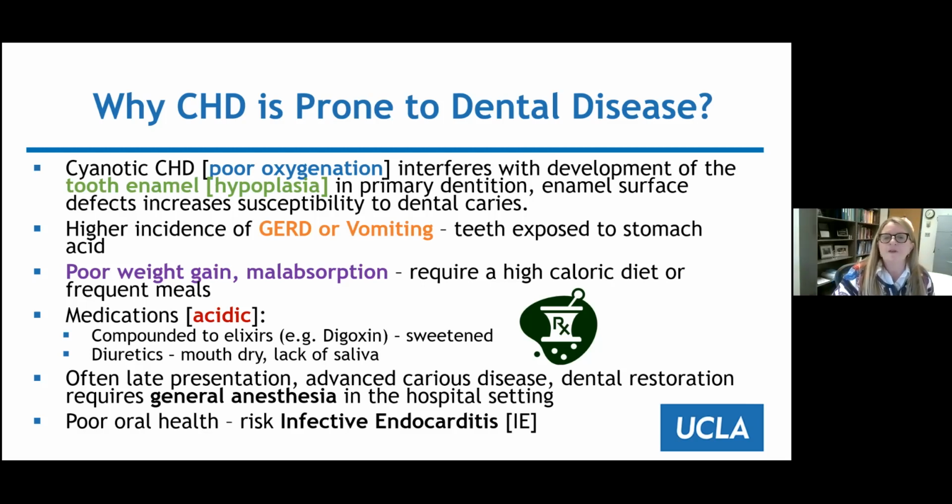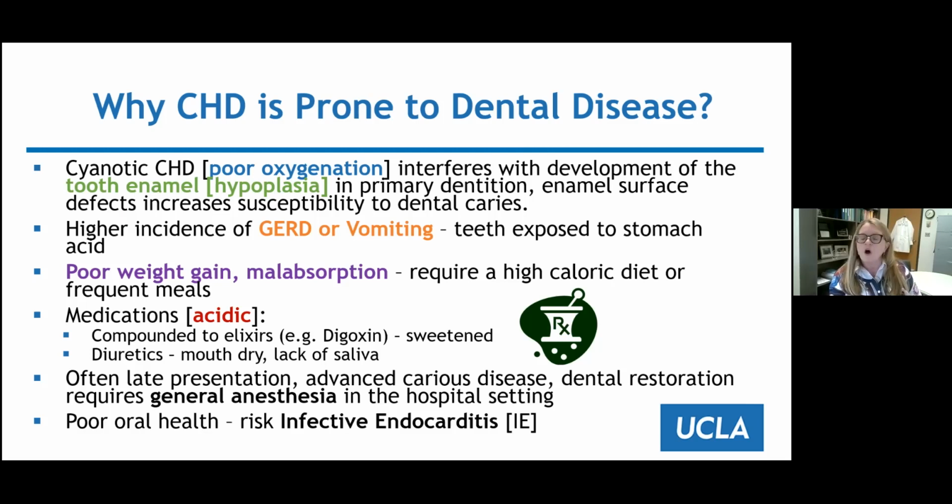So this interferes with the development of the teeth as well as the tooth enamel in the primary dentition, because the enamel surface is rough, it's pitted, and can be concaved in areas. The tooth can be hypoplastic in nature. There's an increased susceptibility for dental caries on these teeth.